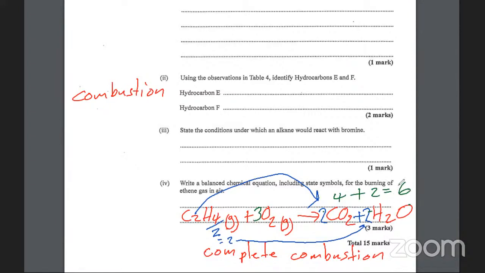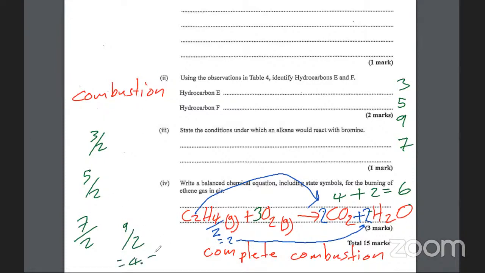If you had gotten an odd number for oxygen, like 7, 9, 5, 3, just put it over 2. When it comes to oxygen, if you get an odd number, just simply put it over 2. That being 3 over 2, 5 over 2, 7 over 2, 9 over 2. Reason being, 9 over 2 is 4.5, and we don't use a decimal in balancing the equation.